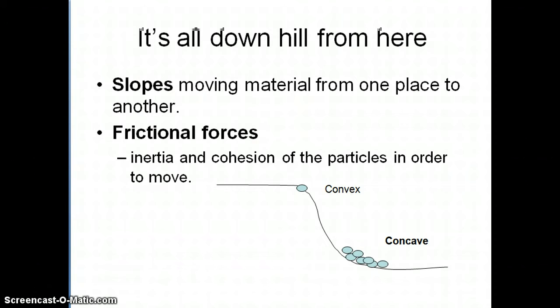Now, the other important aspect of any weathering is this idea of a slope. If you have physical weathering on flat ground, things are going to stay in place and not have as much movement. If you have a slope, you have a lot more transference of material from one place to another.